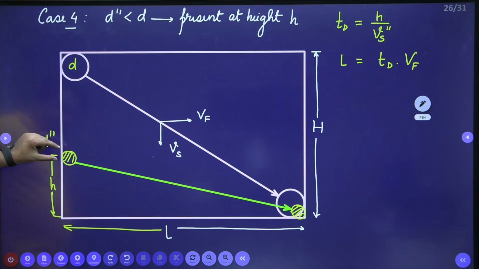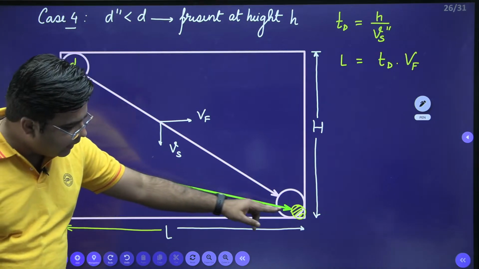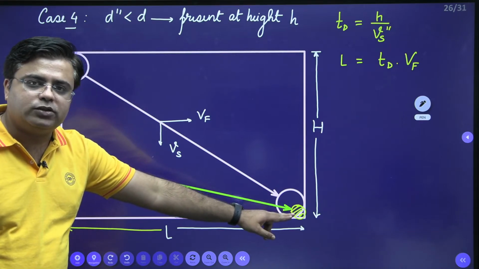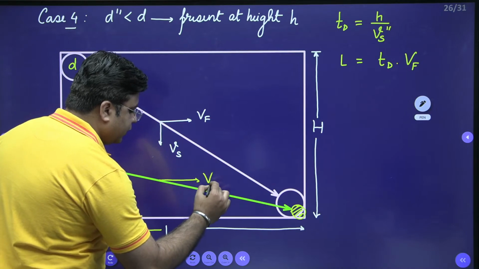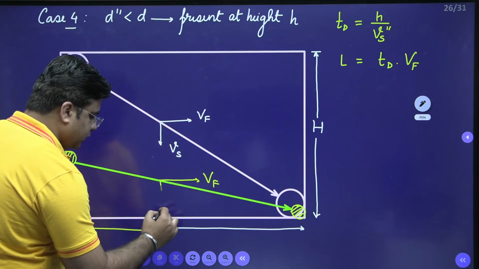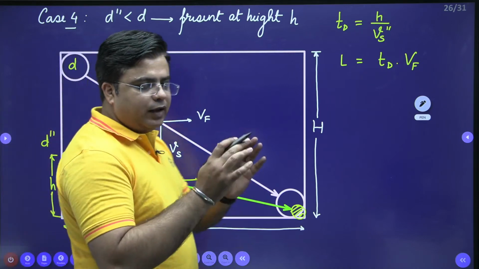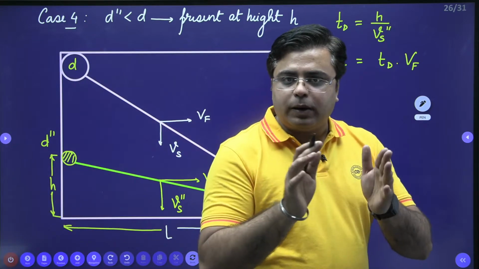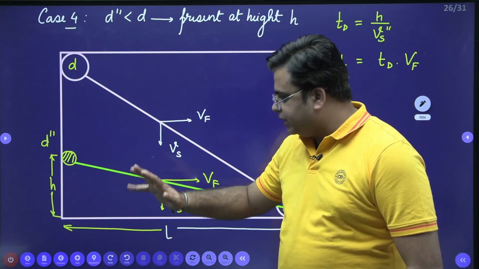This particle started from this height and in the available time Td, it has reached the bottom of the settling zone like this. The horizontal velocity is Vf and the vertical settling velocity is Vs double dash. In the available time Td, these particles are managing to reach the bottom of the settling zone.